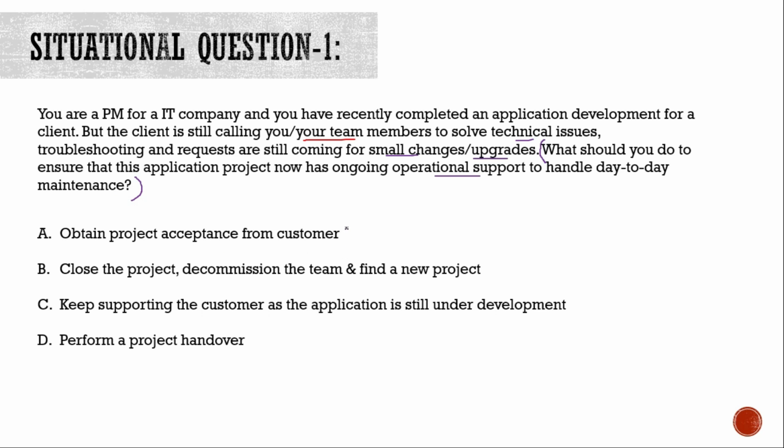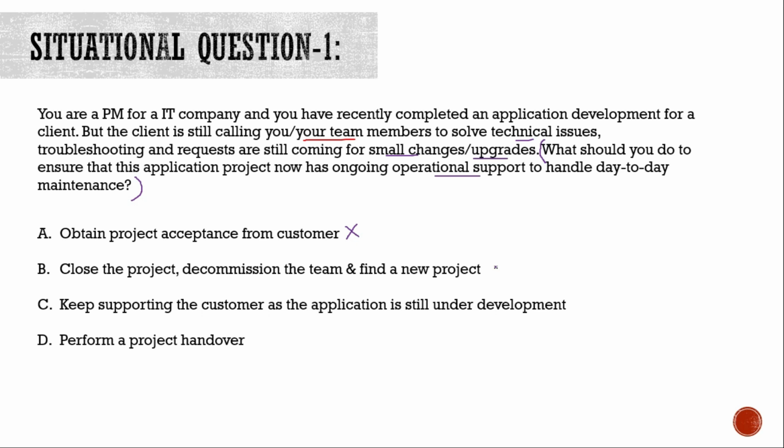Maybe this option can be eliminated because if you are a good project manager, you know that the customer will never give a project acceptance in this situation because there are still some small changes, etc., which are getting suggested. Whatever you may do, you will not get a project acceptance from the customer. So this option we can eliminate.